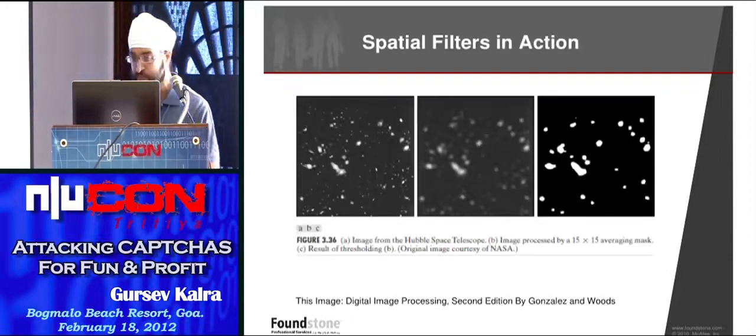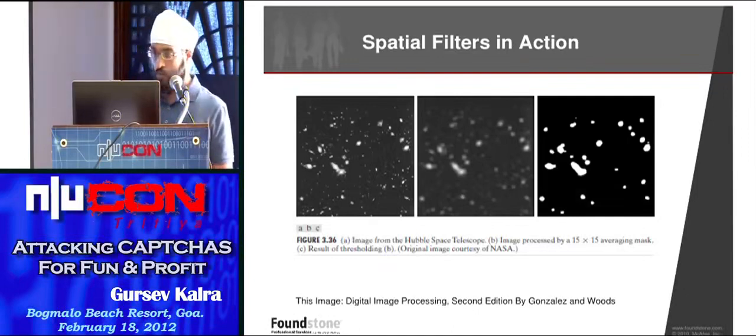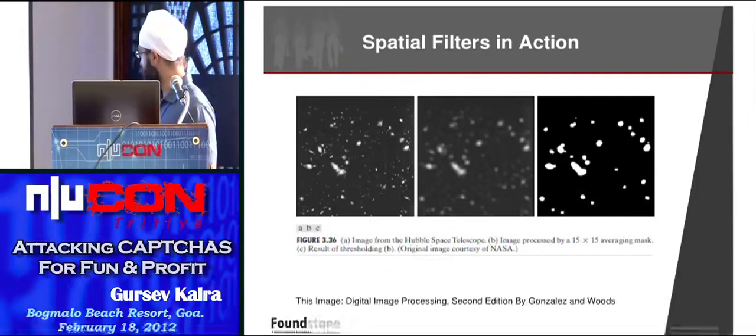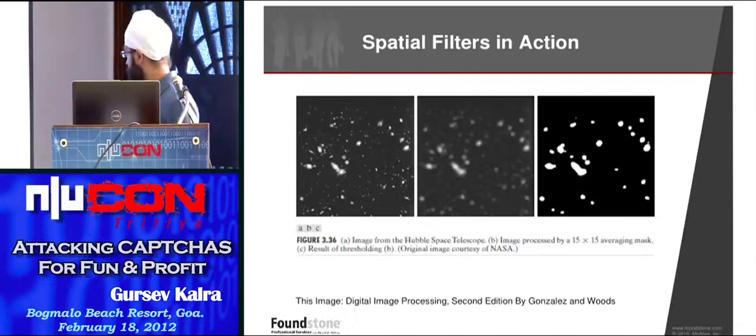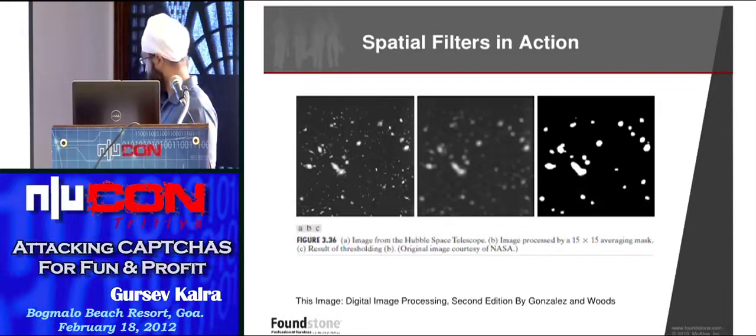Here you see the purpose of the experiment was to identify the large bodies in this image. What these guys did was pass it through a 15 by 15 averaging mask. What we saw here was 3 by 3, and they created a bigger mask and blurred it all together, and then put a cutoff so that if the value is above x, it is shown as white here. x is a value at a pixel.